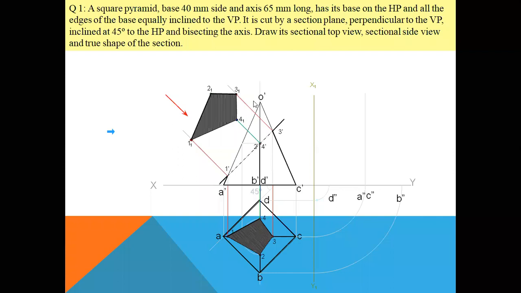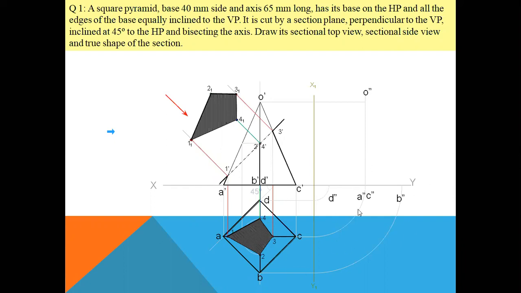So this A and this C, this is what we are going to see. So we are going to draw this line, and the height of this line we'll get from the front view. We know it is 65, still we can project it from the front view, and that will be O double dash.